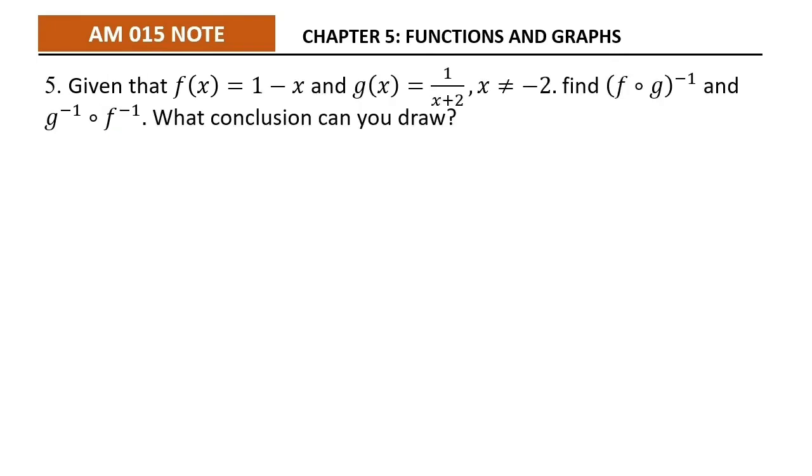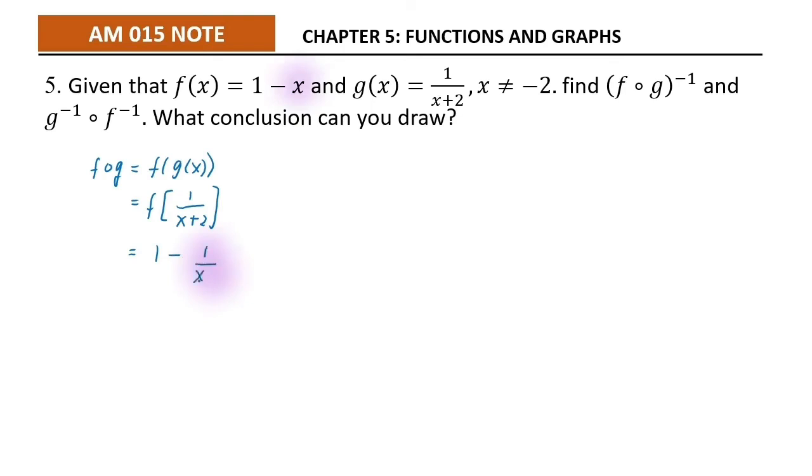Last example, given that f(x) equals 1 minus x and g(x) equals 1 over (x plus 2), find (f of g) inverse and g inverse of f inverse. What conclusion can you draw? First, we need to find f of g. f of g equals f of g(x). g(x) is 1 over (x plus 2), and then substitute into f.